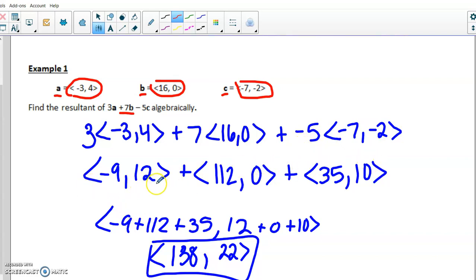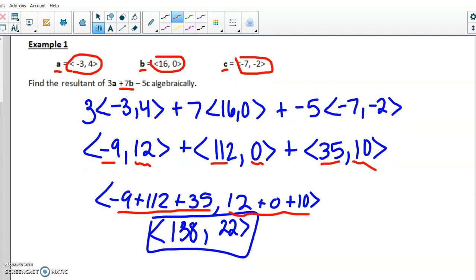And this is what we end up with. Now at this point, you're going to add all of your horizontal components together, which is what's happening here. Then add all your vertical components together, which is what's happening here. And then you get your final result in component form. So again, just treat these numbers out front as the distributive property and multiply them in.